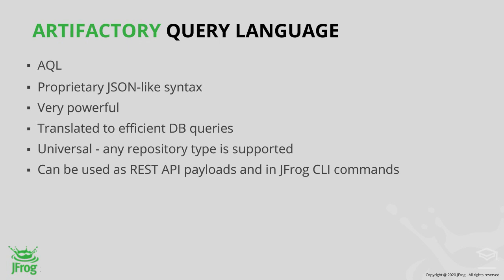So combining the capabilities and the power of AQL with your CLI or REST API commands within your automation scripts and integrations will give you anything. You can achieve anything against the Artifactory setup with those three.